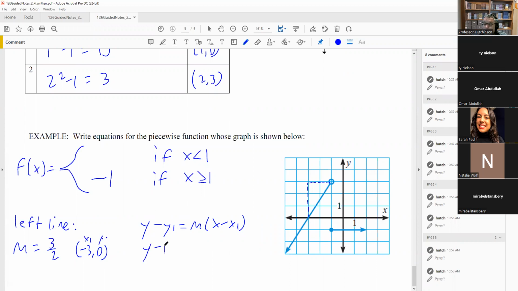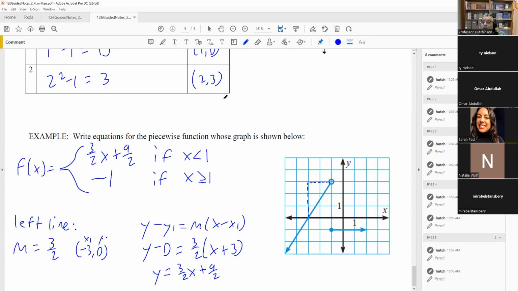So I have y minus 0 equals 3/2 times x minus the -3, which will be x plus 3. If we simplify this, we get y equals 3/2 x, and then if I multiply 3/2 by 3/1, I get plus 9/2. So that is the equation for this slanted line, and that's the one I'm going to put in here: 3/2 x plus 9/2.